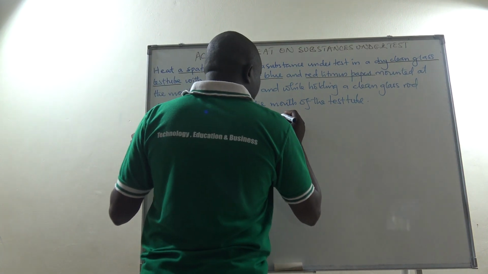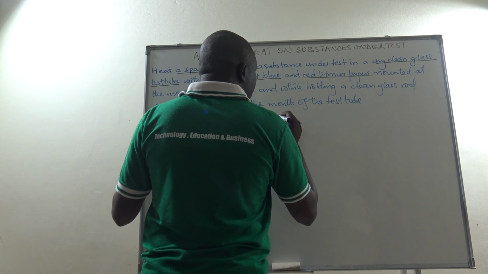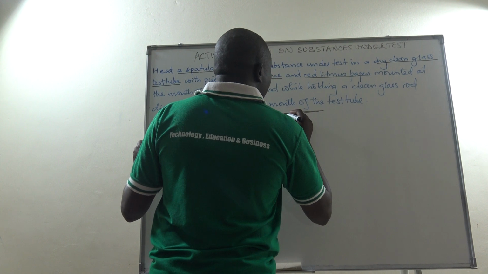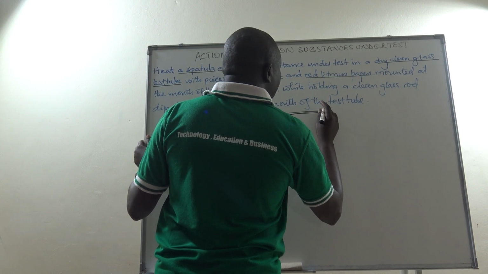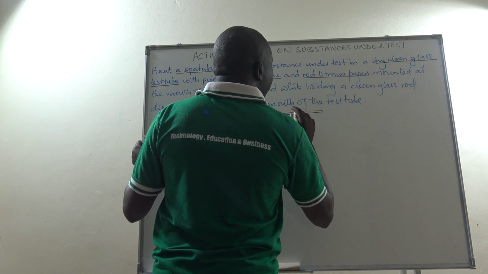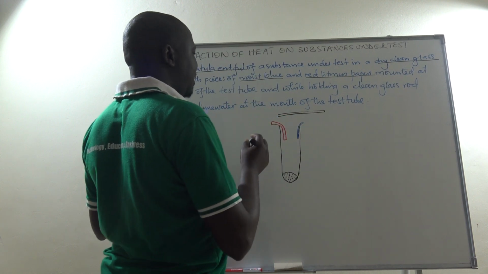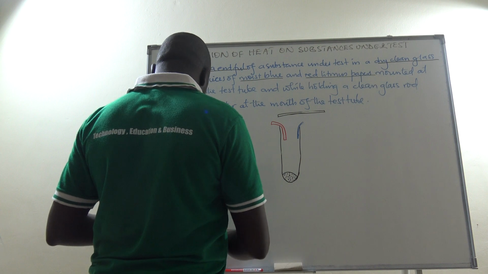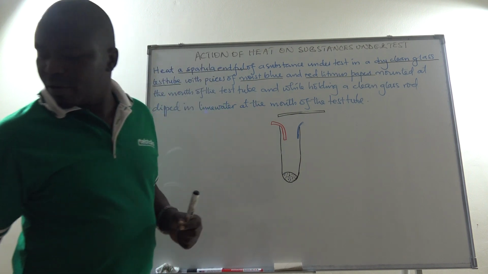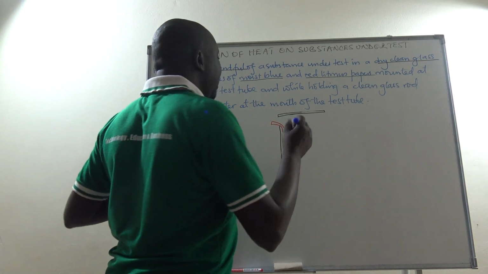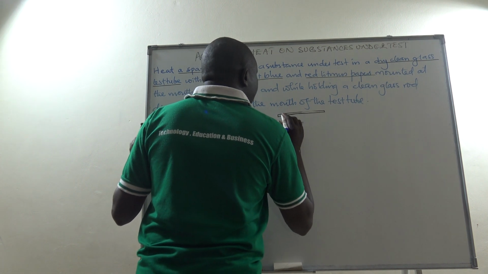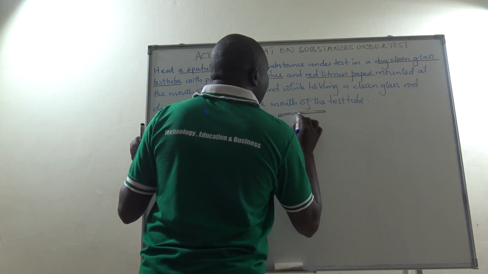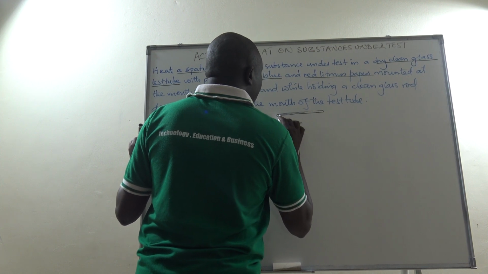And then two, you should also be having a piece of glass rod here, mounted at the mouth of the test tube, like this. So this glass rod here should be dipped in lime water. Here, the whole of this part should be having lime water.